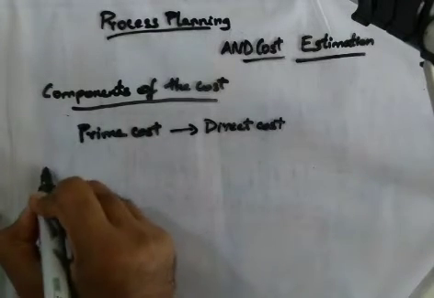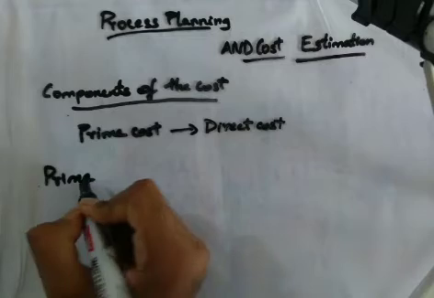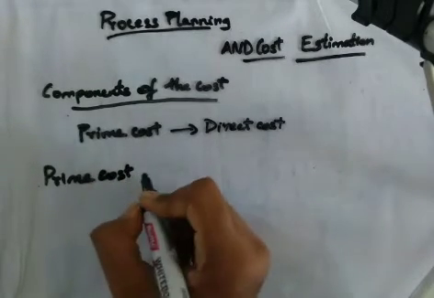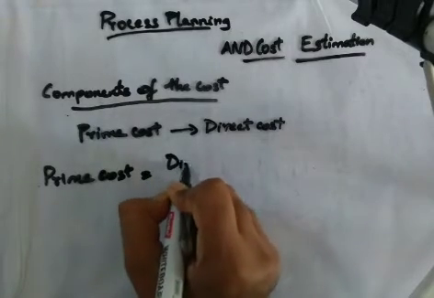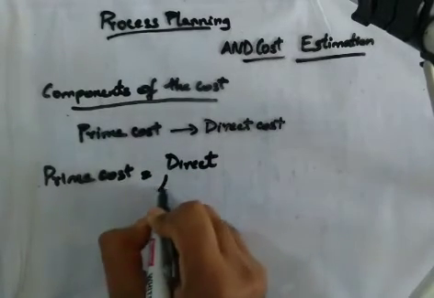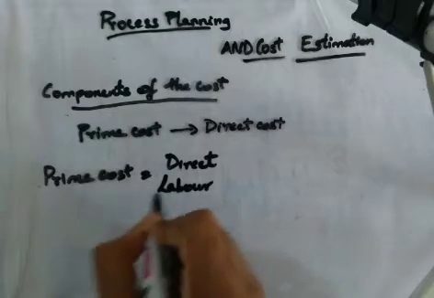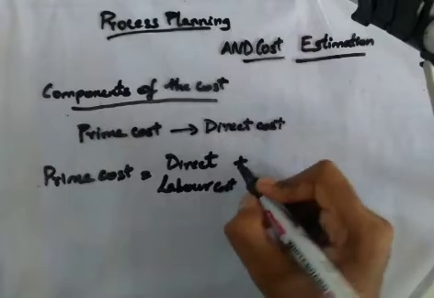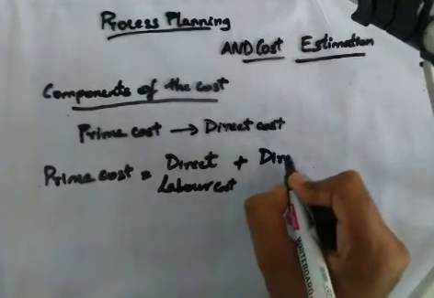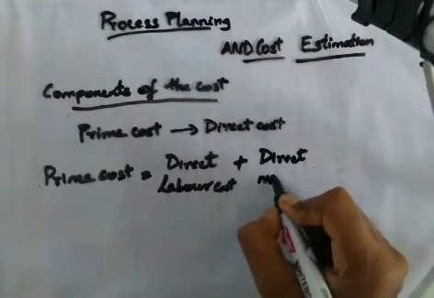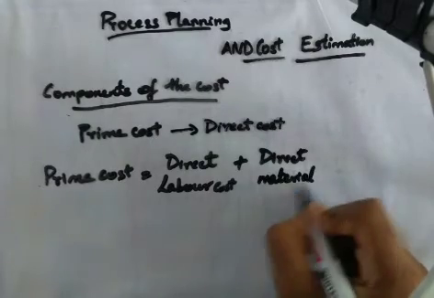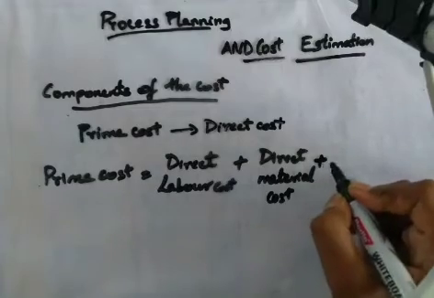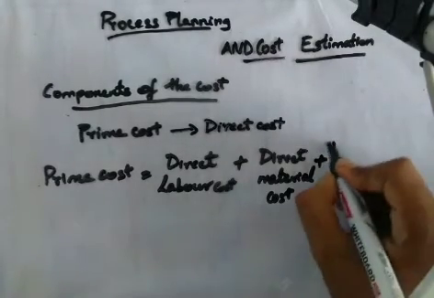Prime cost is equal to direct labor cost plus direct material cost plus direct expenses.